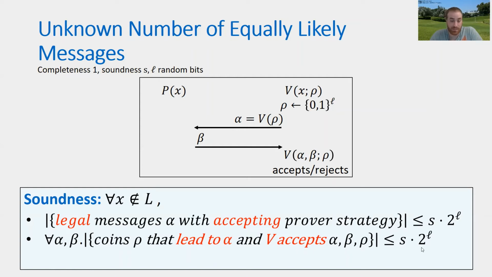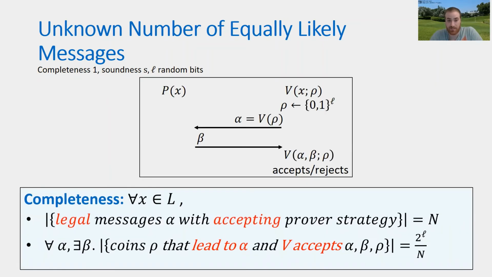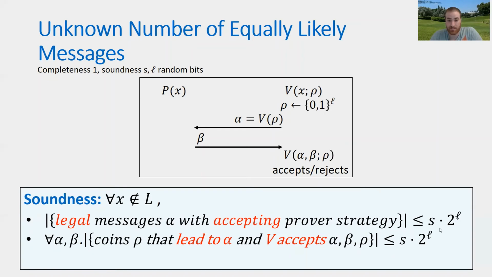This is because, again, by soundness, the number of coins which the verifier chooses for which the prover has any accepting strategy is at most S times 2 to the L. So notice that in the case of completeness, either this value is large or this value is large. One of them must be large. While in soundness, they both must be small, assuming that S is small enough.